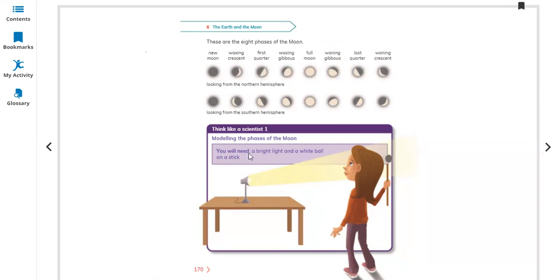You will need a bright light and a white ball on a stick if you want to do the activity. You can see she's holding a stick with the ball, and you can see the shade, the dark on the back, which shows the exact phases of the moon.